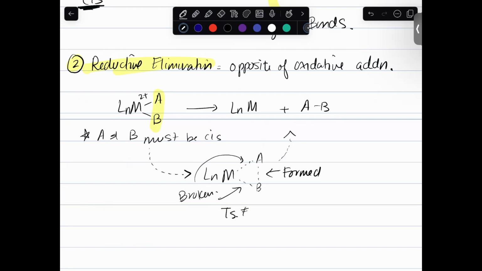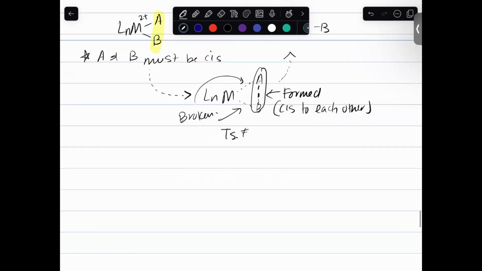And so in order for the bond to be formed between the A and B atoms or groups, they have to be cis to each other. Right? If they're on complete opposite faces of the metal, they're never going to be able to form that bond between them. So they have to be cis. And let me give you a few examples of this.